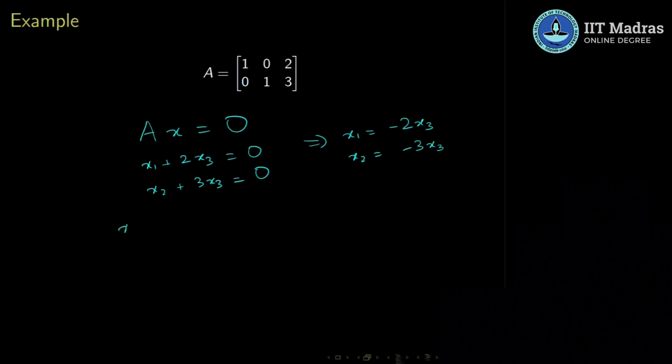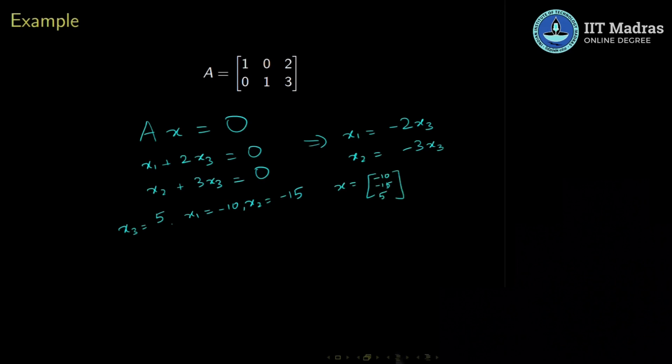You can put x3 equals some constant c, and let us say I take x3 equals 5. Then to get my solution, I can put x1 as minus 10 and x2 as minus 15, and indeed one possible solution is x equal to minus 10, minus 15 and 5.